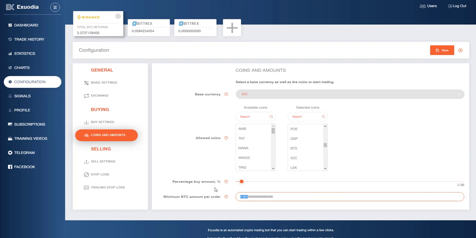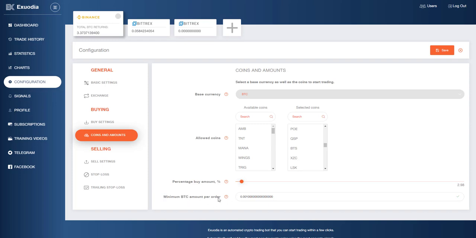So you've got to make sure that the amount of allocated BTC in your account and your percentage buy amount all add up based on the minimum BTC. Each trade must fall above the minimum BTC amount, or else it's not going to trade because the exchange is not going to allow it.